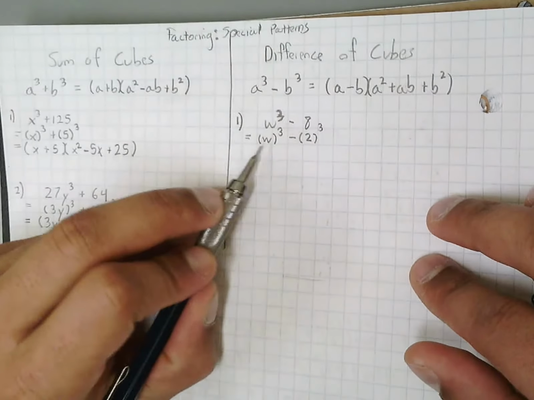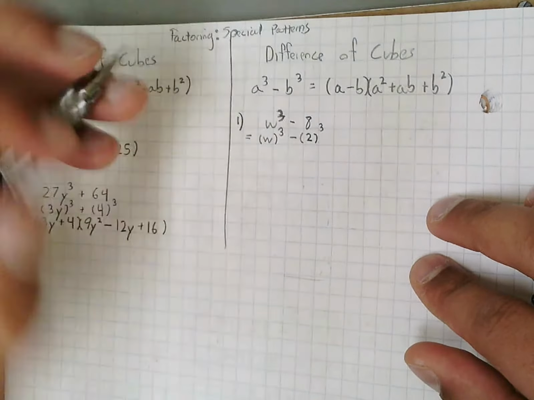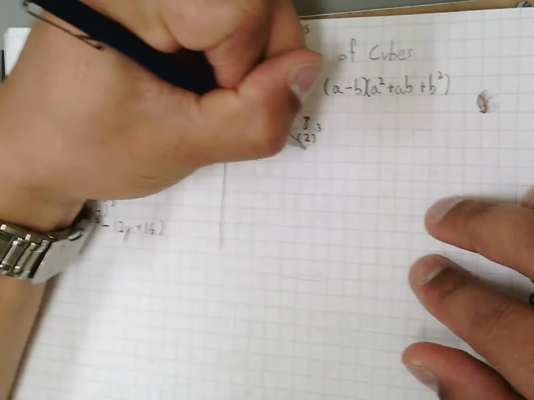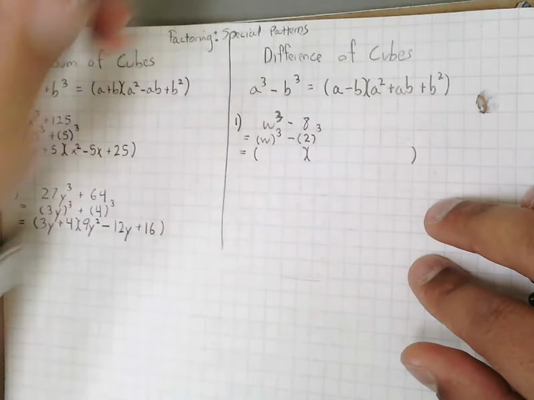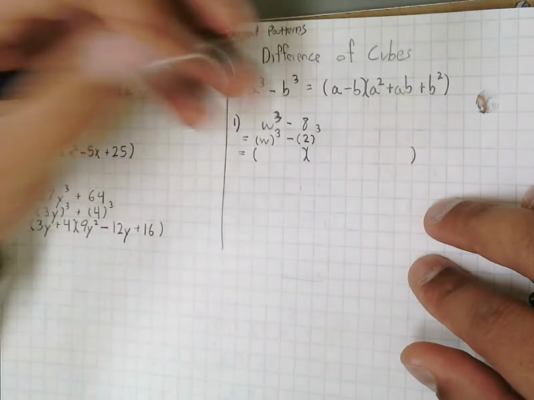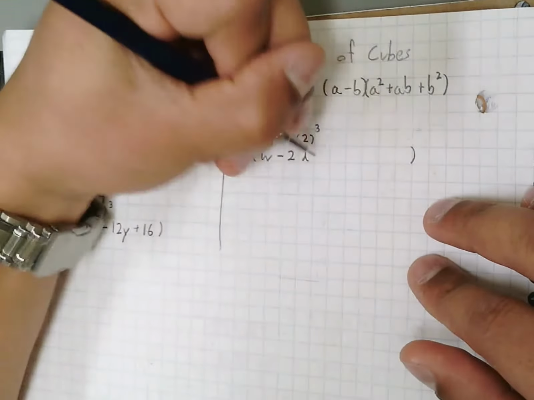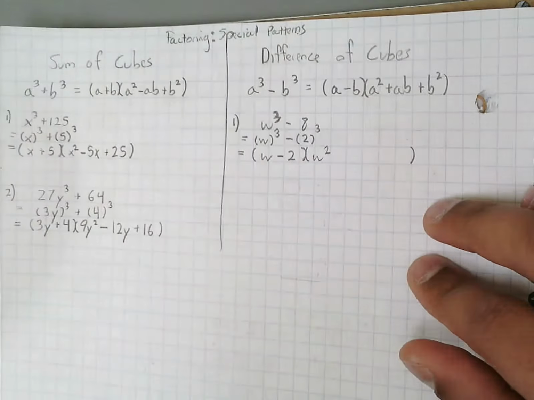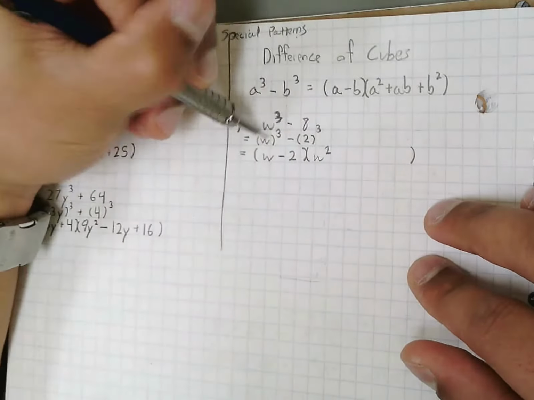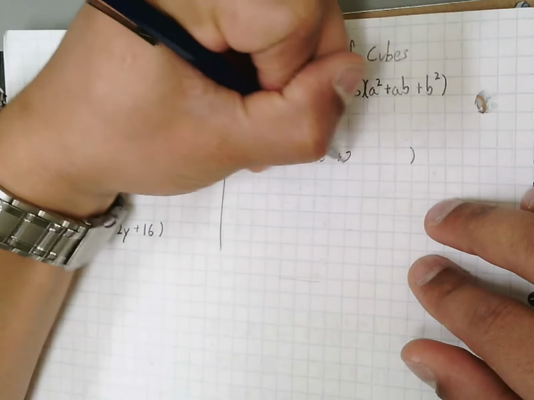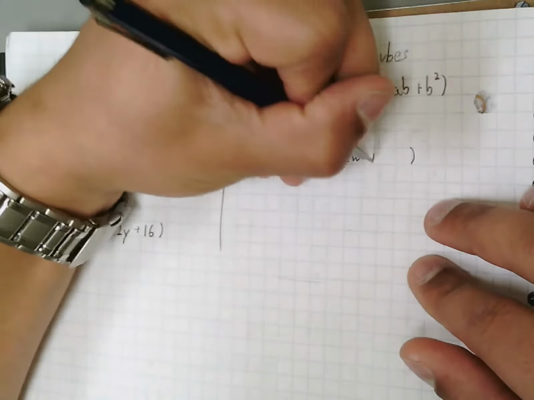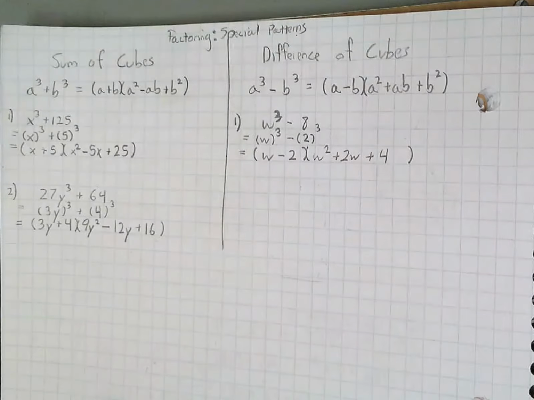So my a value is w, my b value is 2. So now I can throw this into the pattern. So it's a minus b, w minus 2, a squared, w squared, plus ab, well, w times 2 is 2w, plus b squared. So plus 2 squared is 4. There you go, it's factored.